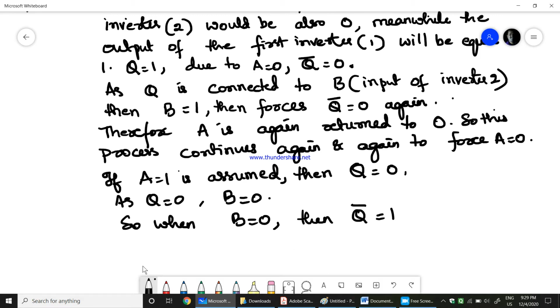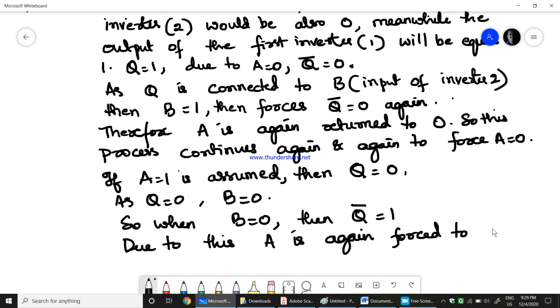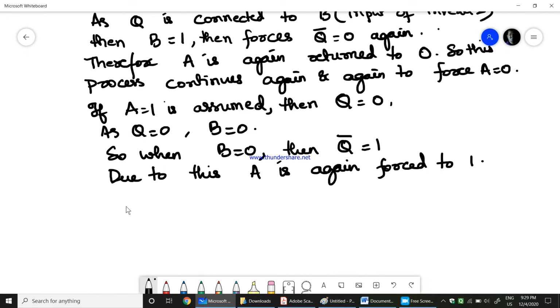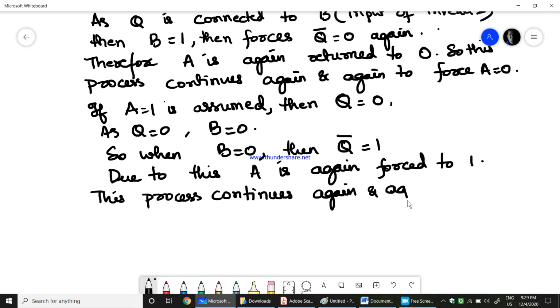Q bar equal to 1. Due to this, A is again forced to 1. Again forced to 1. So again, this process continues. This process continues again and again to force A equals 1.